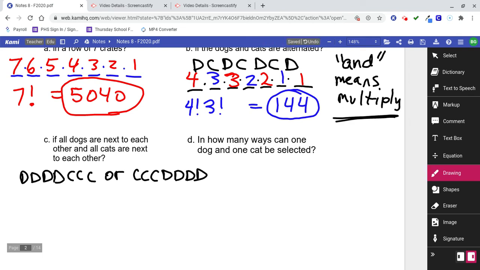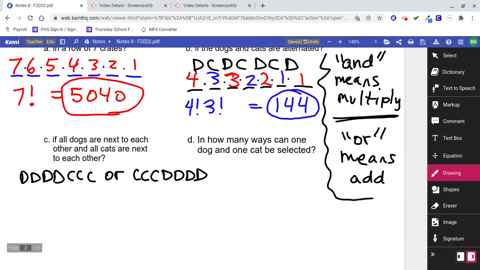But we've got another concept that comes up all the time when you see the word or. We're going to add. Okay, you need to learn that as quickly as possible because it comes up all the time. And means times and or means plus. So learn that as quickly as possible.